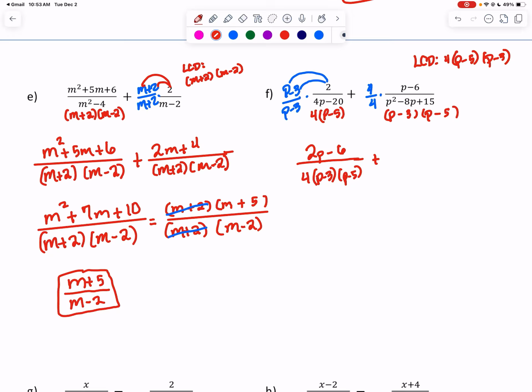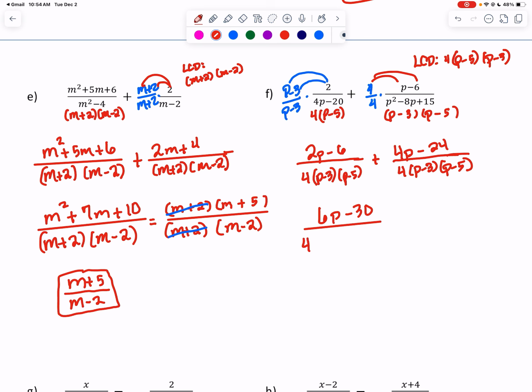And on your second fraction, hopefully you multiplied everything in there by 4, so that would give you 4p minus 24. And on the bottom, you would have 4 p minus 3 p minus 5. All right. Now, hopefully the next thing you did was combine like terms. So 2p plus 4p is 6p. Negative 6 minus 24 was negative 30.